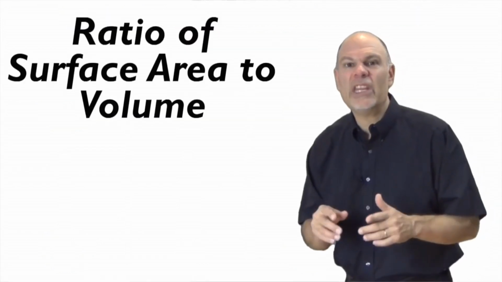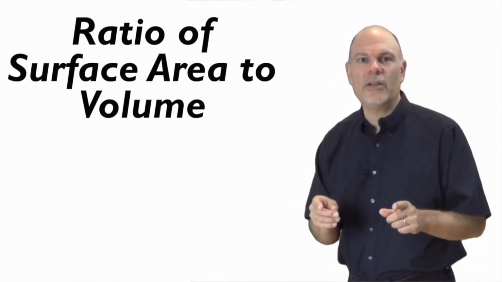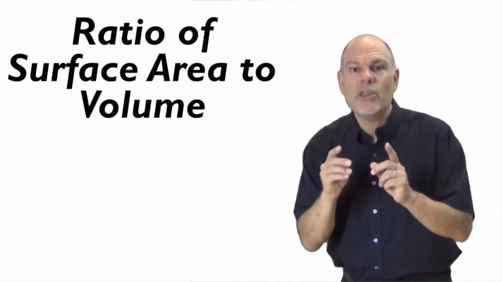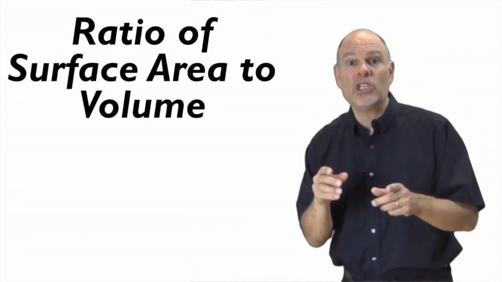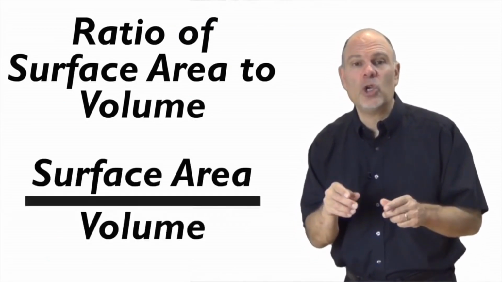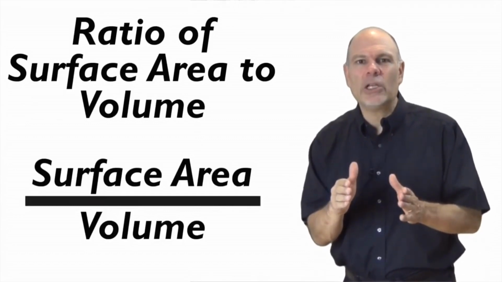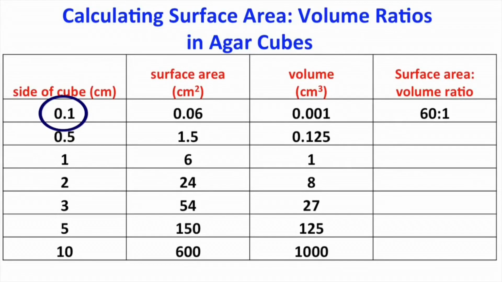What we're concerned with is the ratio of surface area to volume. A ratio is the relationship between 2 numbers, and the ratio we want is the ratio between the surface area for each cube divided by its volume. So in our tiny imaginary cube, 0.1 centimeters on a side, the surface area to volume ratio is 60 to 1.